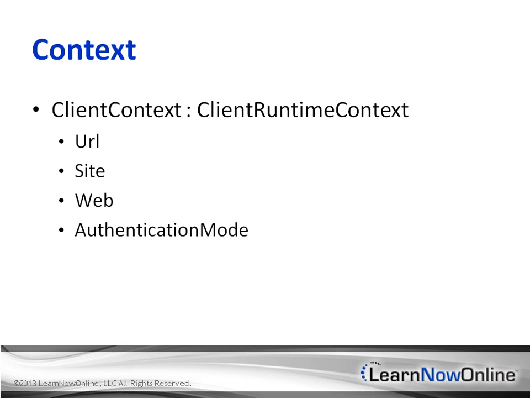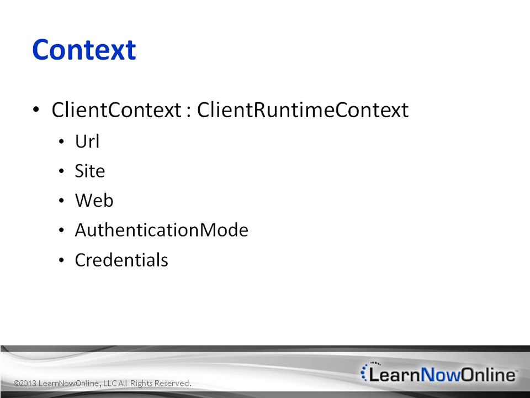Now in this case, in the console application, I didn't do that because I was on the same machine as the server, and so I was currently logged on as a user that's part of the SharePoint site. So I didn't have to do anything with that. But you can pass in credentials.